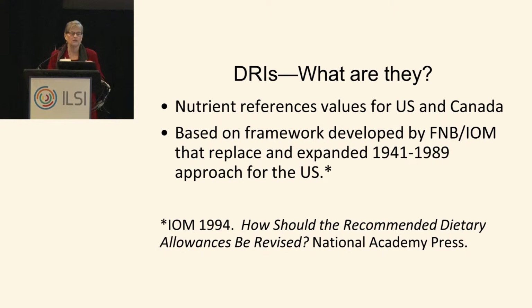They are nutrient reference values for the US and Canada, and they are based on a framework that was developed by the Food and Nutrition Board that replaced and expanded the 1941 to 1989 approach for the US, which was recommended dietary allowances, and that's all laid out in the source cited, and it's available online.